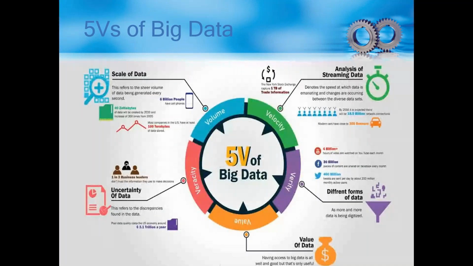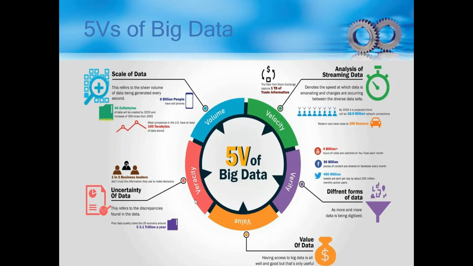Veracity refers to the discrepancies found in the data, the uncertainty of data. So we need to have meaningful data, and it should follow some guidelines also, that is called data governance, and some principles we need to apply, security we need to apply. So this is the form of veracity.